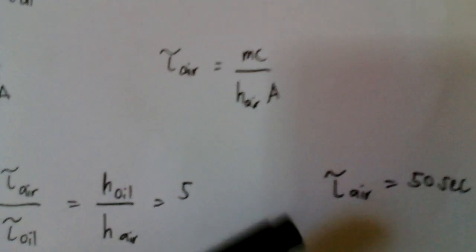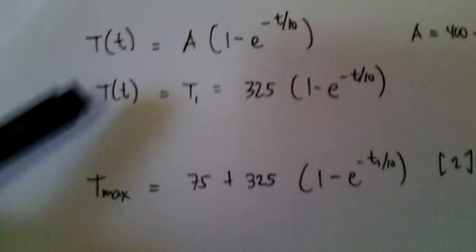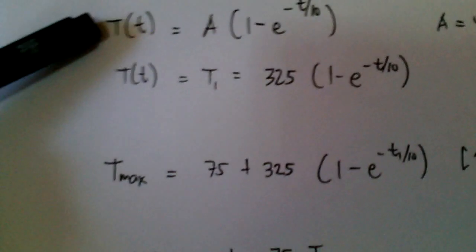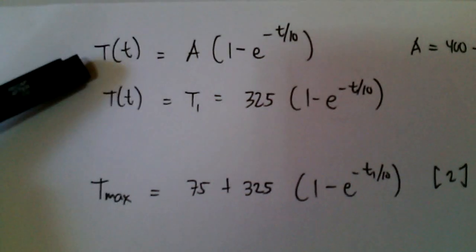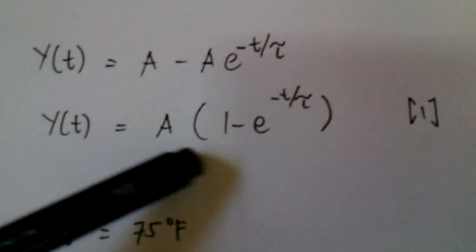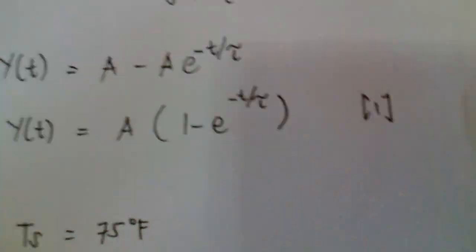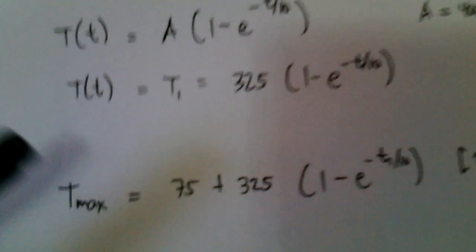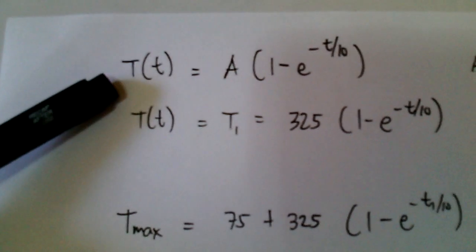And now we're going to solve using the first equation that y(t) = A times (1 minus e to the negative t over τ), which I change to T(t) to make it simpler.